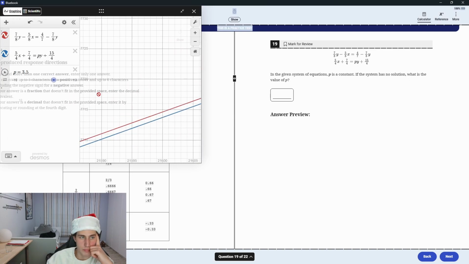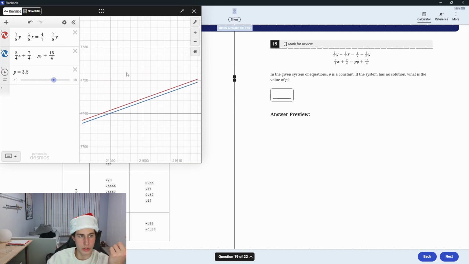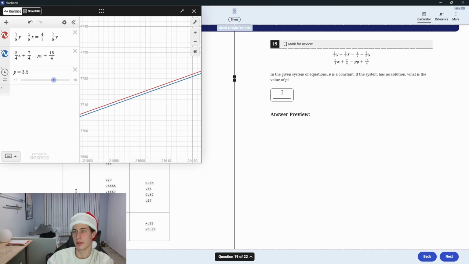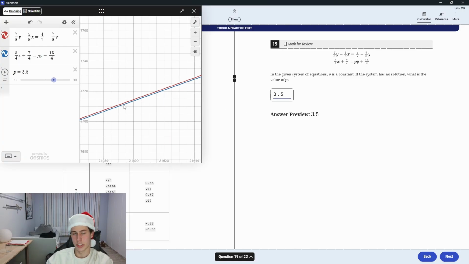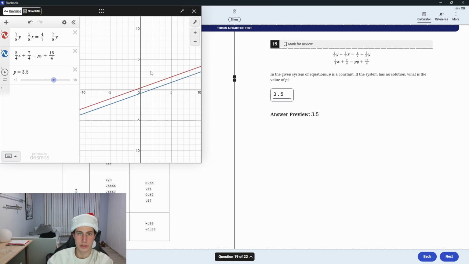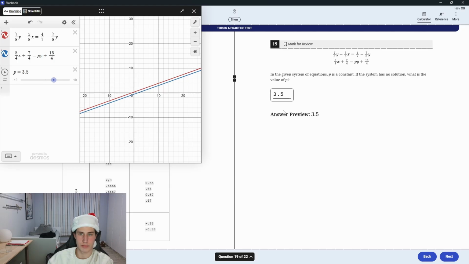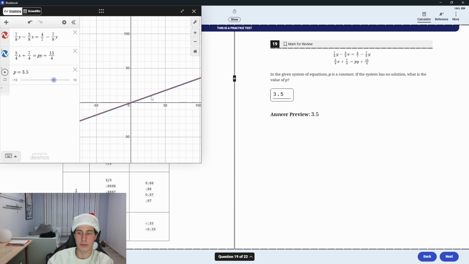We can keep going, and it looks like these lines are truly parallel. So if this system has no solution, what is the value of P? In this case, P is 3.5. Because if the system has no solution, so the lines never touch, P would have to be 3.5.